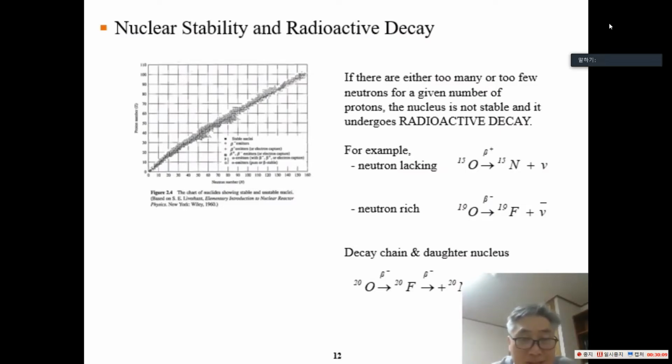But in this area, if the nucleus becomes heavy, it tends to have more neutrons than protons. And we assume neutrons inside of the nucleus.